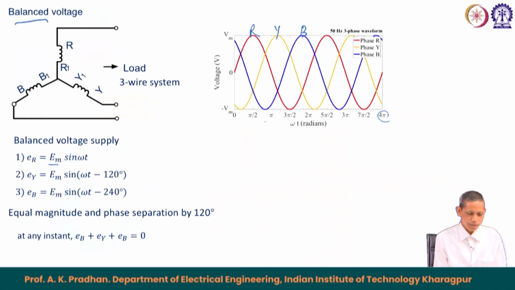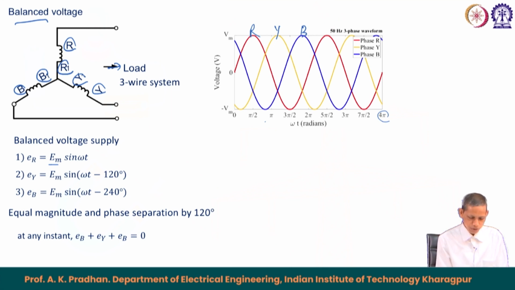You see a star connected generation: R1 R here, B1 B here, Y1 Y here. This is a star connected voltage source, connected to the load through a three phase 3 wire system, and the voltage developed takes the form R Y B, red, yellow, blue.